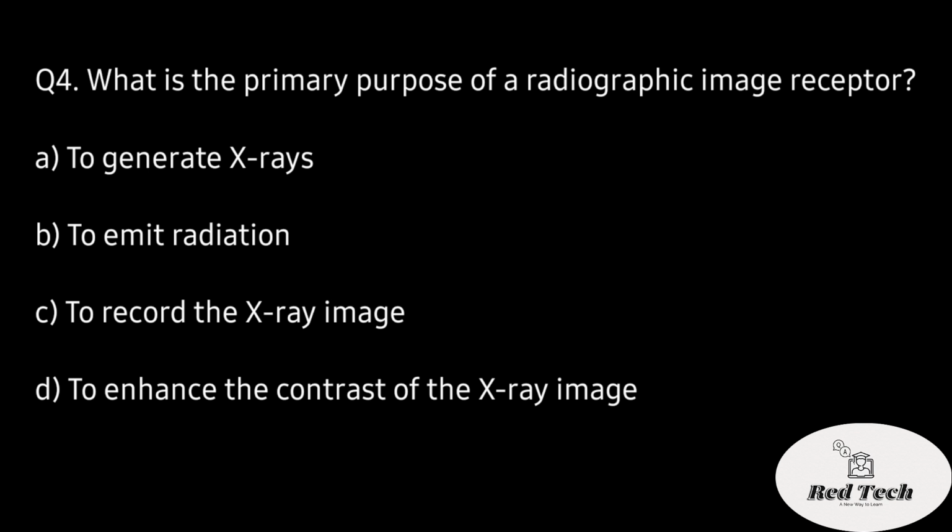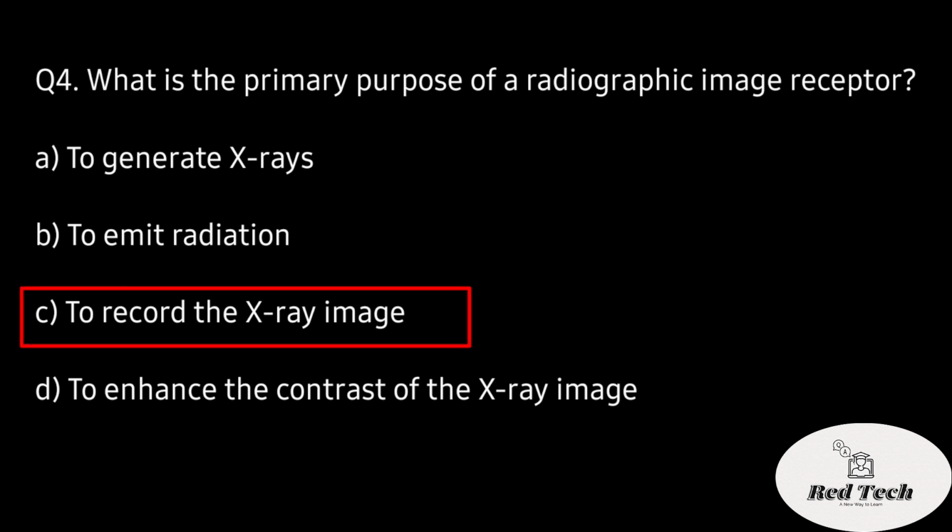As we know, the radiographic image receptor is used to record the X-ray image. So option C is the right answer. Recording the X-ray image is its main purpose.